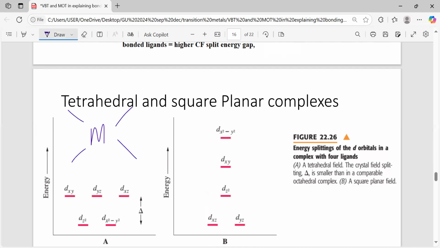And you can see the splitting pattern in tetrahedral, how it looks. In octahedral, which we have already seen, the splitting is like this. That's how the splitting works in tetrahedral.